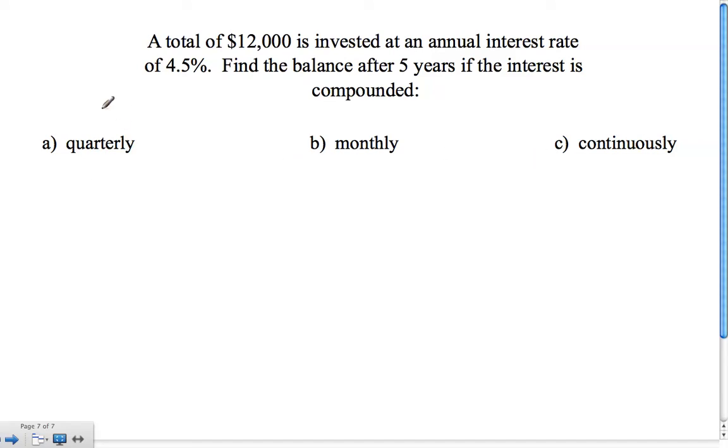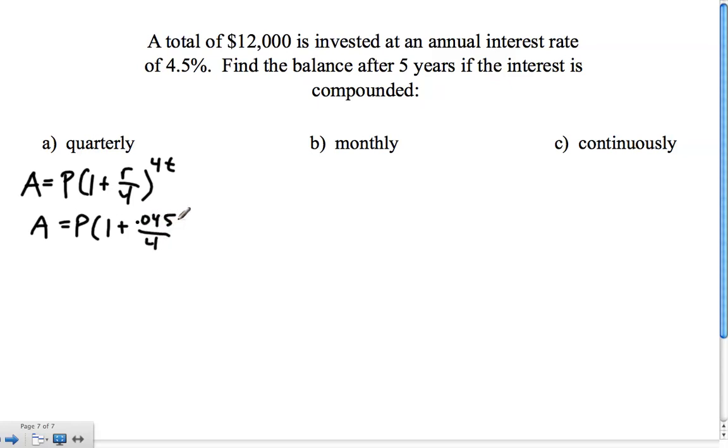Quarterly means it's happening 4 times in the year, so we have to split up our rate 4 times and then raise that to the 4t. A equals P times 1 plus my rate, 4.5. Remember, you have to divide by 100, so it's 0.045 over 4, raised to the 4 times 5.